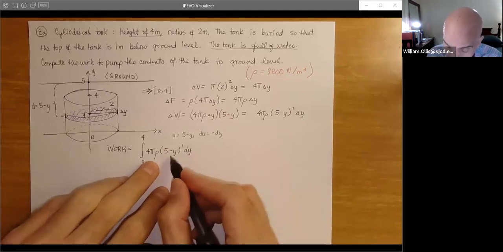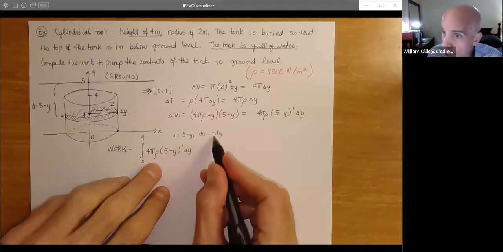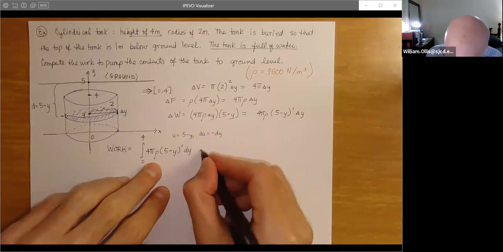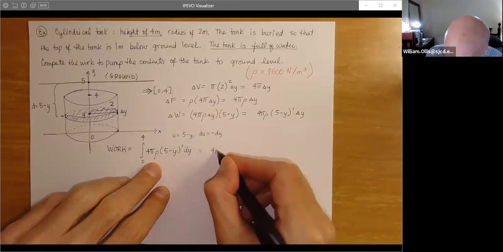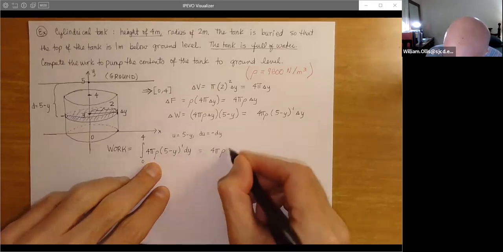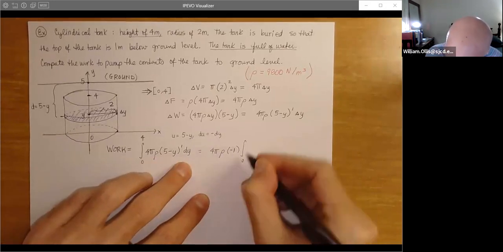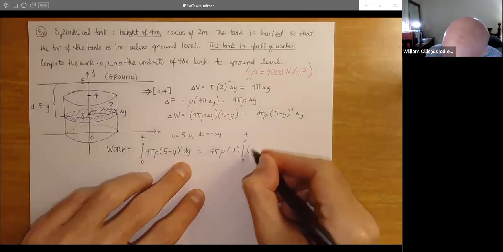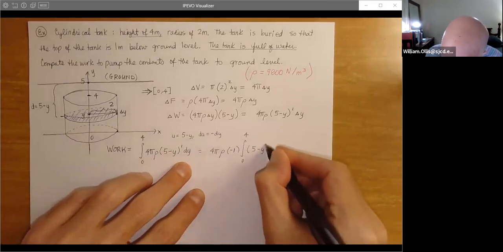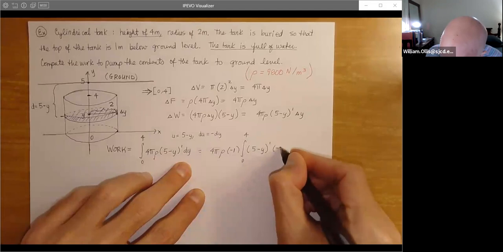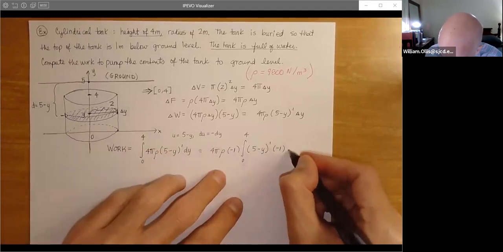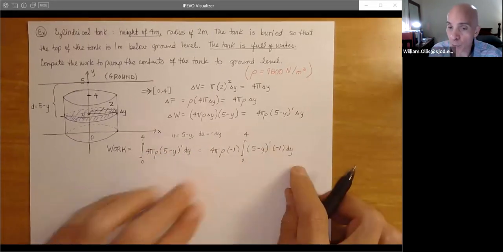So now what we can do is go ahead and adjust for the negative here. So we'll have 4 pi rho, and then we'll put in the negative 1 to adjust. And we'll have the integral from 0 to 4 of 5 minus y to the first power, and then the negative 1 that we need for the differential dy. So again, this is table ready.